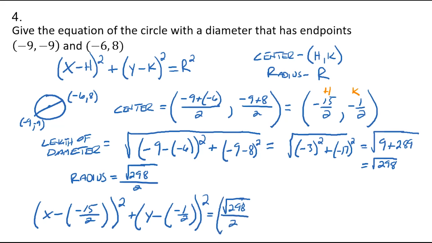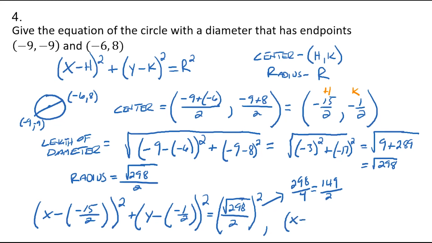Remember, this is r, so we have to square this, and the result of this would be 298 over 4, which reduces to 149 over 2.